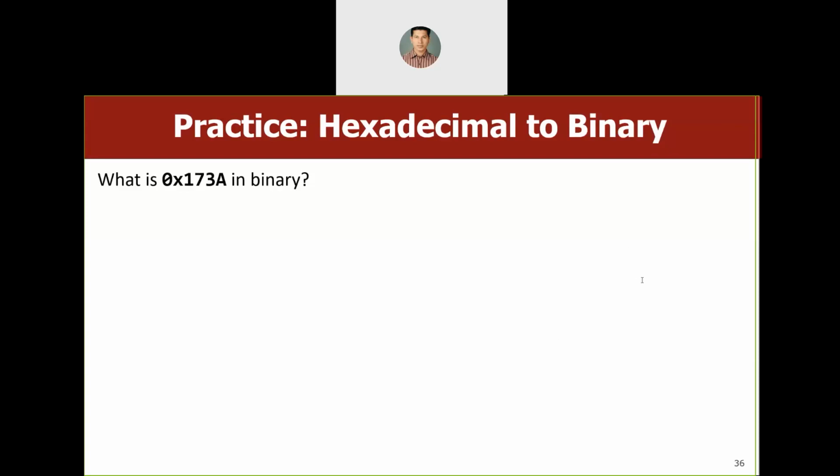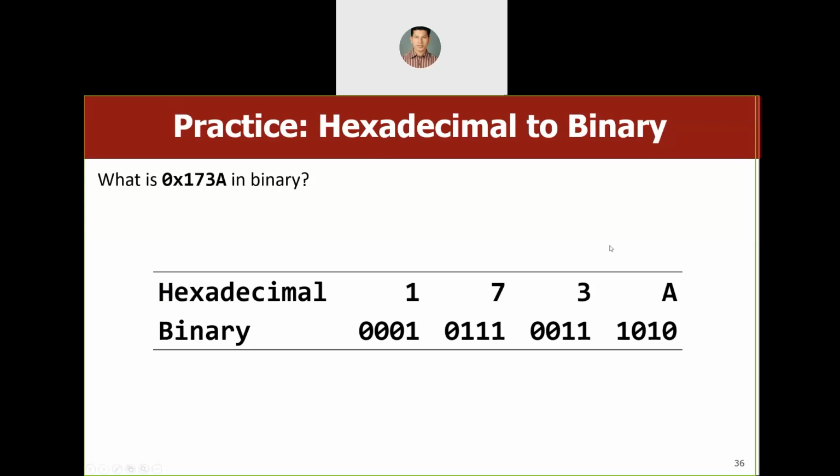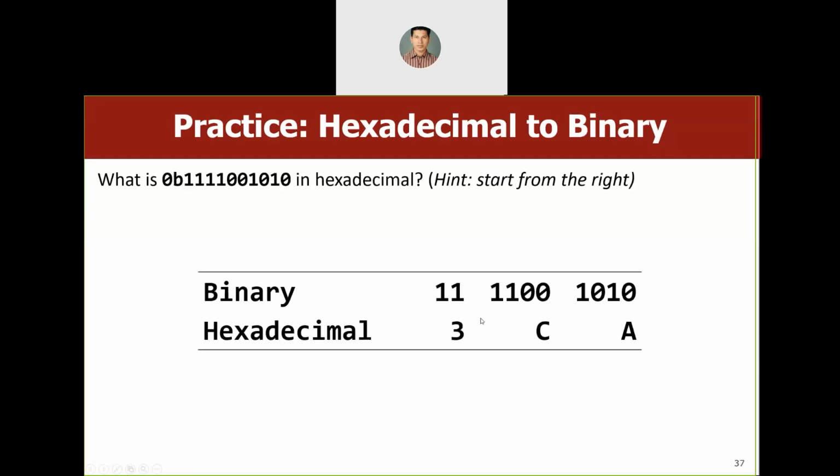I thought it is A, F. It is not F, it is A. So it is 1010, not 1111. Hexadecimal 1 is 0001, 7 is 0111, 3 is 0011, and A is 1010. We should prefix this with 0b. So that should be okay.